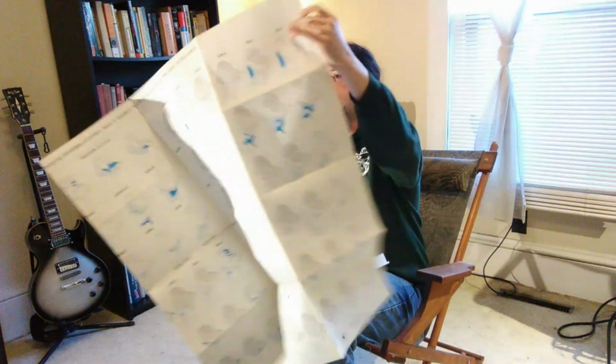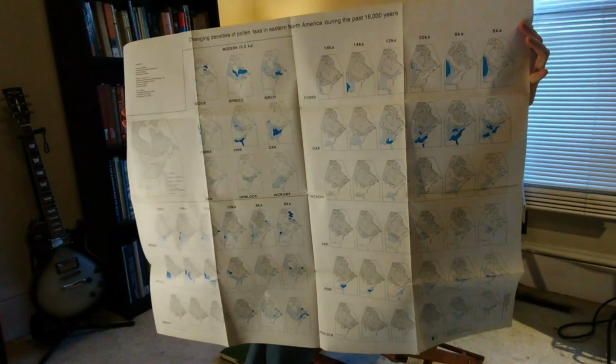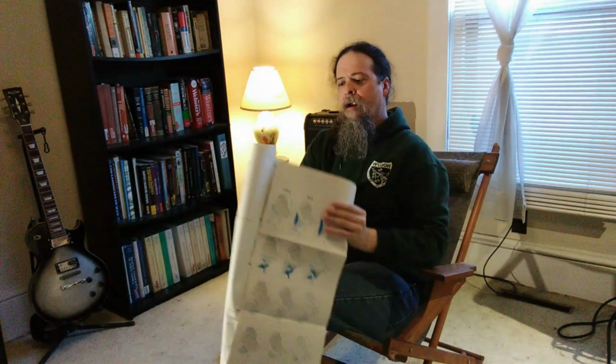And I bring this out because it has the same kind of maps, and I wanted to show some of those. This particular volume includes some large plates in it, which gives you an idea of some of the different species, and I don't expect you can make that out entirely, but how they were distributed, starting with, again, 22,000 years ago, the end of the Wisconsinian glacial stage and beginning of the last glacial maximum.